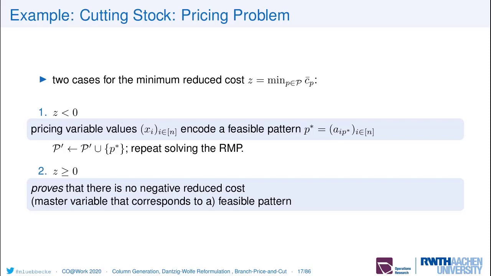It's promising for progress, so I add it and re-optimize. Or I solve the pricing problem and the optimal objective function value is non-negative, then I know there is no feasible pattern which corresponds to a master variable of negative reduced cost. Then I stop. If you have seen this for the first time, maybe you just pause here and skip back to the beginning of the presentation of this algorithm and repeat listening to what I just said.